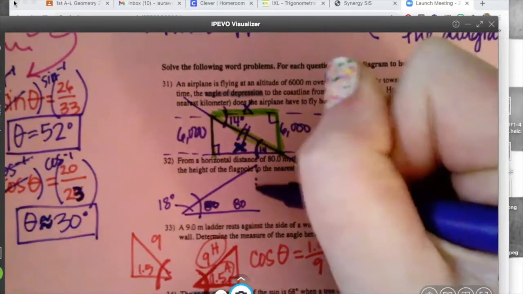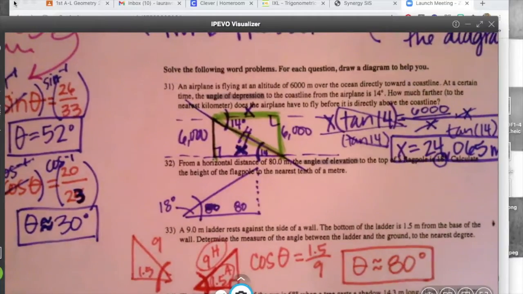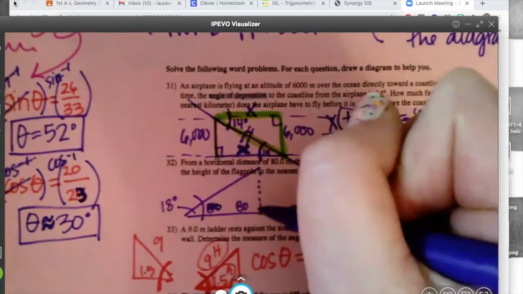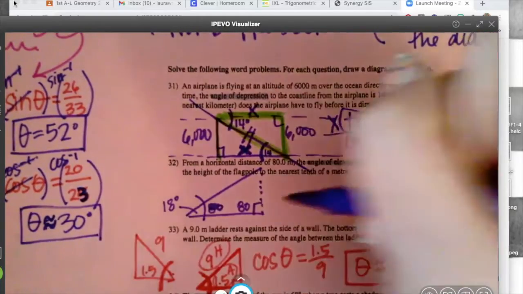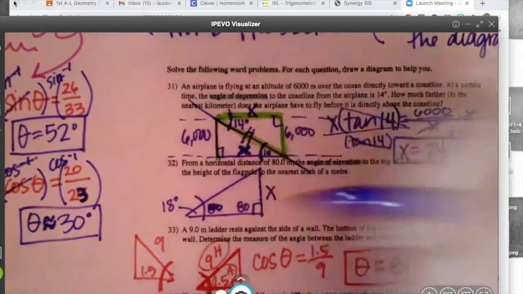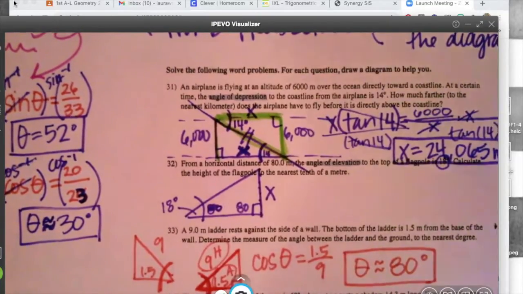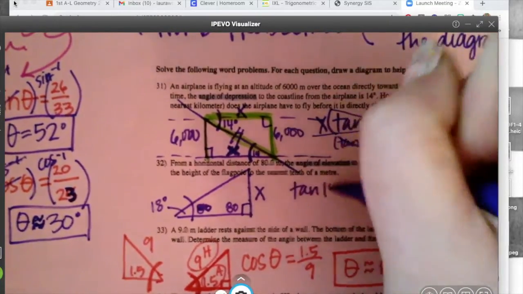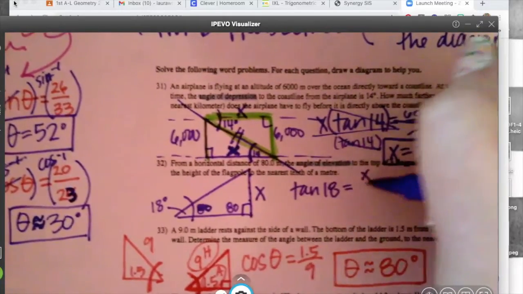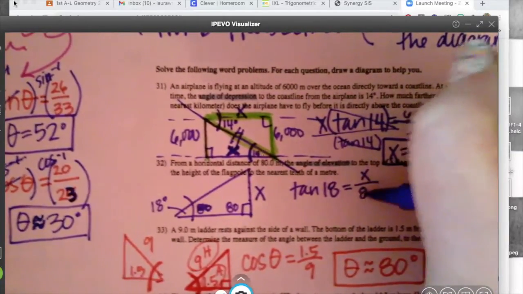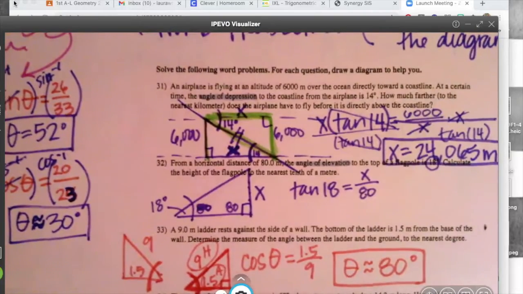Find the height of the flagpole to the nearest tenth of a meter. So here's our right angle. We're trying to find this height. We've got opposite over adjacent again. So tangent of 18 equals opposite over adjacent. And you know how to solve them, right? You just multiply by the denominator. That's the same thing we were doing on the front of the page.